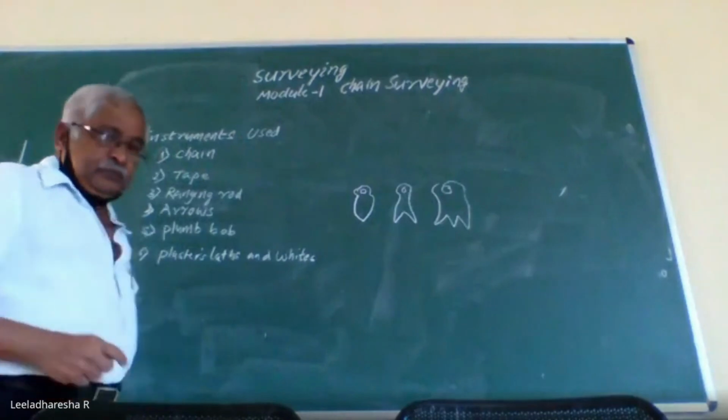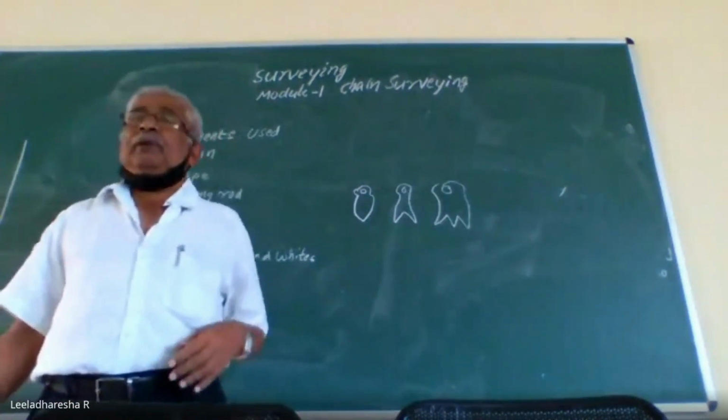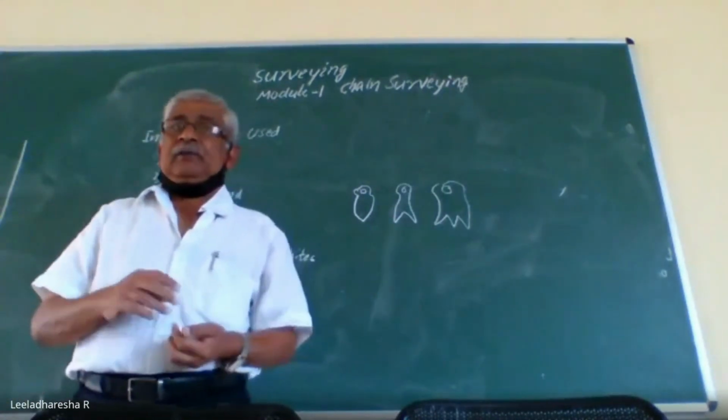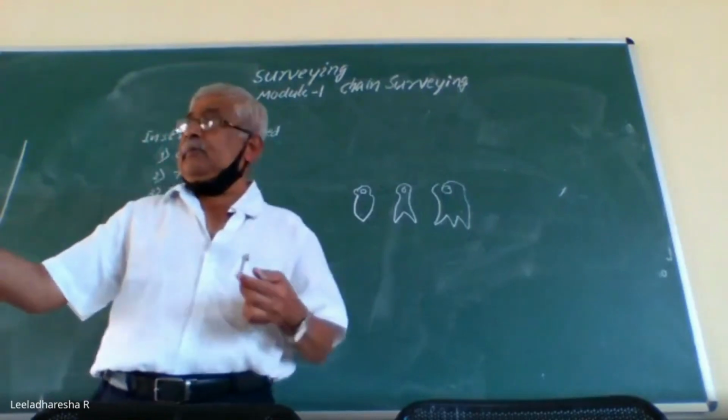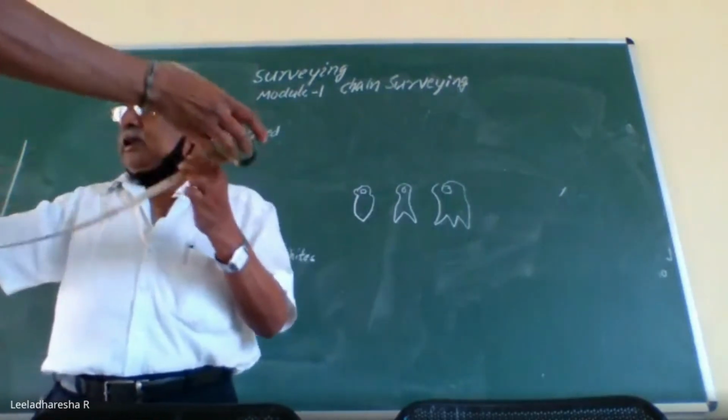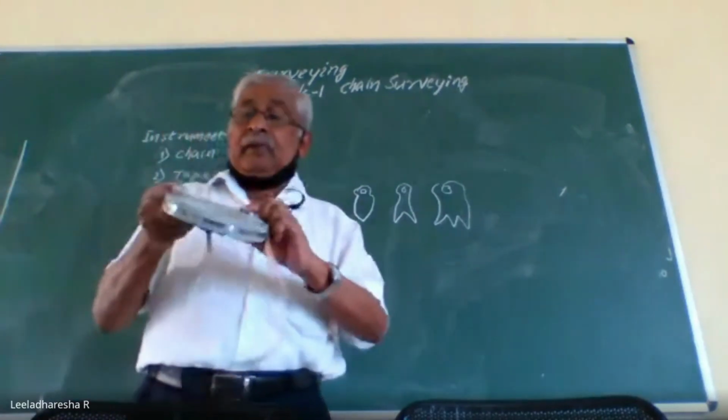Okay, the second type we call a tape. I think all of you might have seen the tape. I will show you the tape. This is called a metric tape.